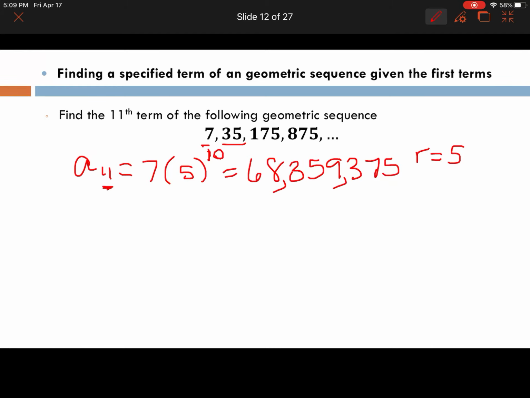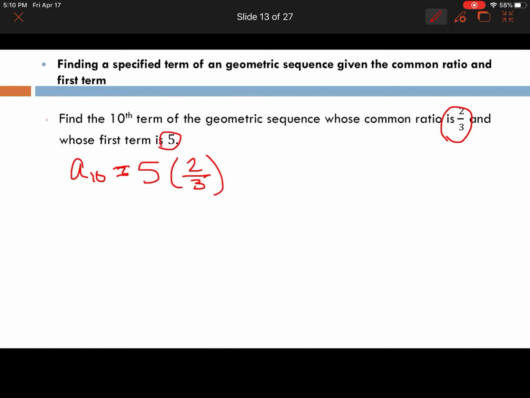They said that was 5, times r, so that's our 2/3, to the 9th power.